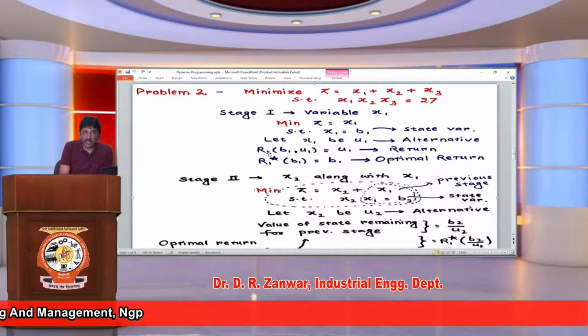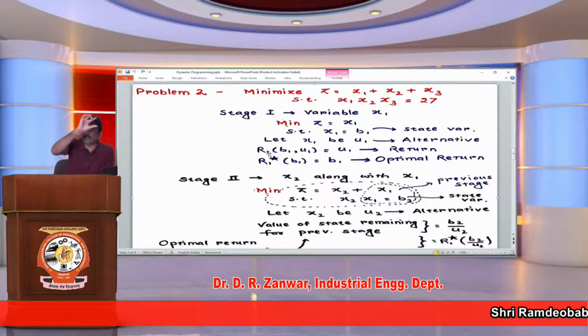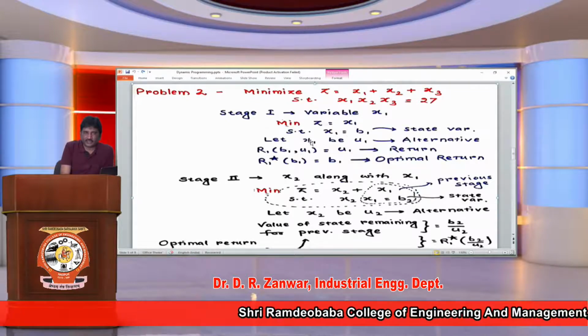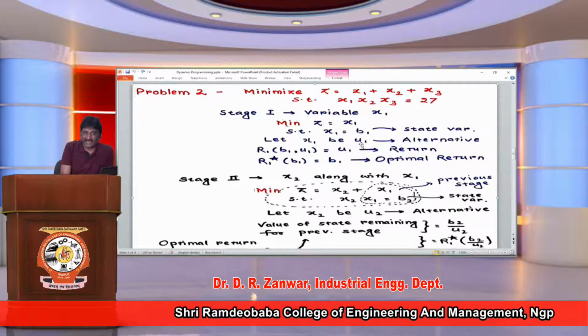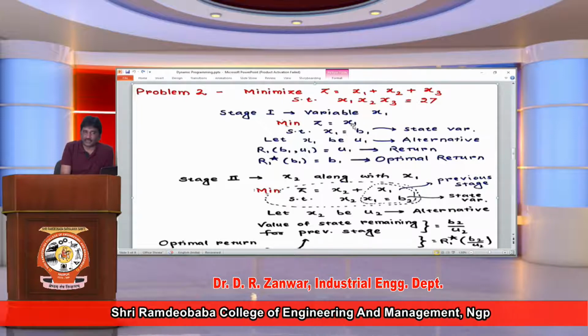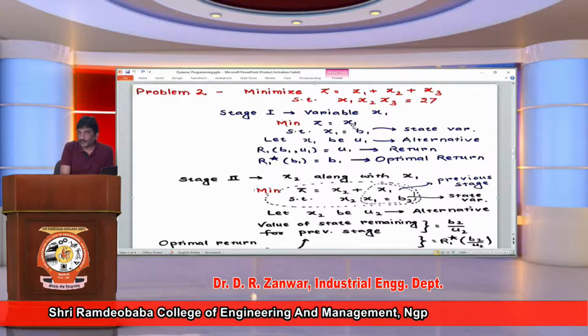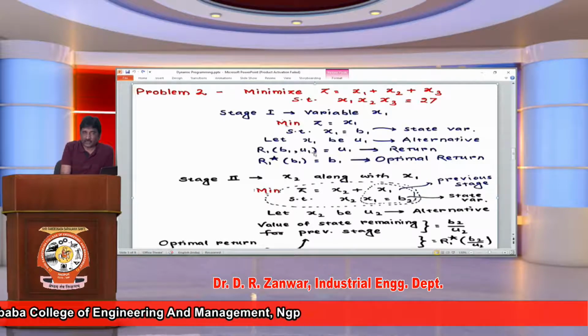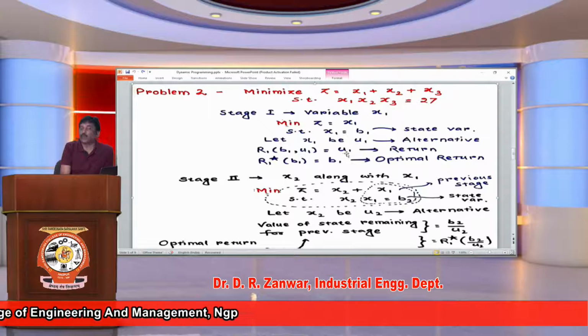Now we need to find the return for the first stage as a function of the state variable and the alternative u1, r1 as a function of b1 and u1. Simply put the value of x1 as u1 in the objective function, that will give you the return function. r1 as a function of b1 and u1 comes out to be u1.